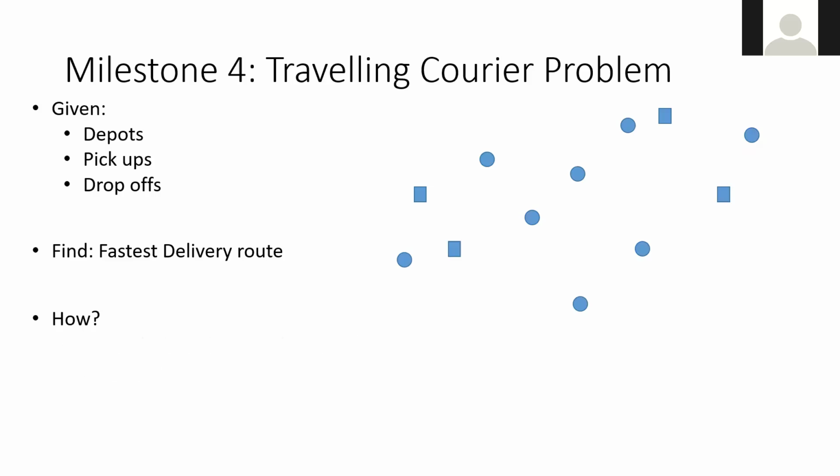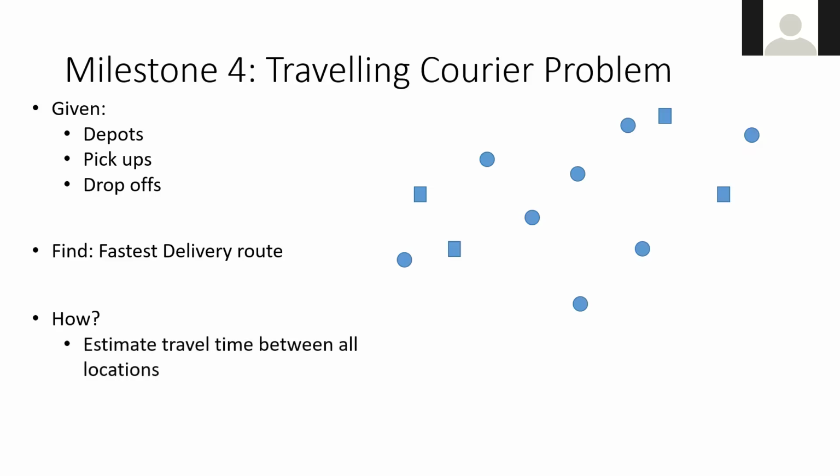How to do that? This is actually a research problem. It's NP-hard, so there's no way that you can find the optimal solution. You can just optimize your algorithms to find a better one.